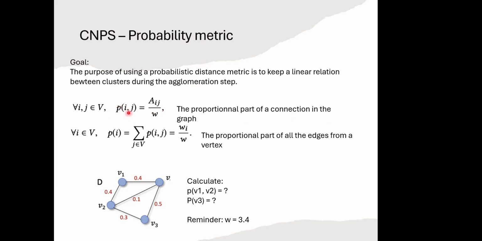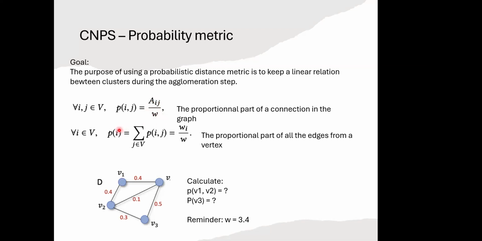Let's go along the definitions. It's not too complicated, actually. Pij is defined to be the edge between i and j over the weight of the whole graph. So what does this mean? It's the proportional part of the edge Aij over the whole weight.